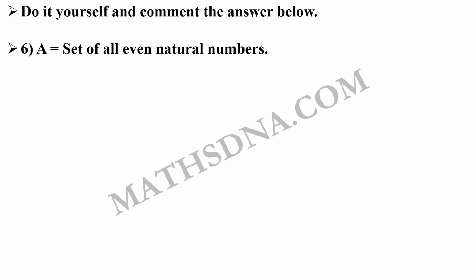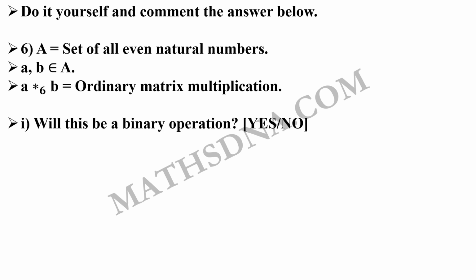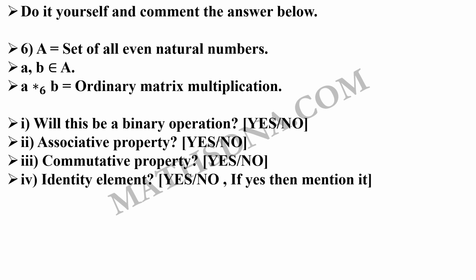And the last one, the set of all even natural numbers, taking two elements and defining again ordinary multiplication. Then check whether it is a binary operation, associative, commutative, and identity, and whether the identity will be in the set or not. It is possible that the operation might have an identity element, but it will not be in the set.